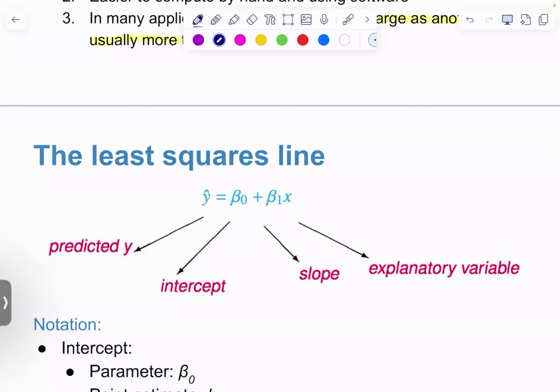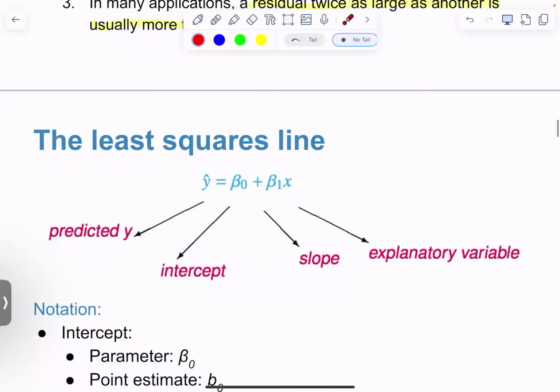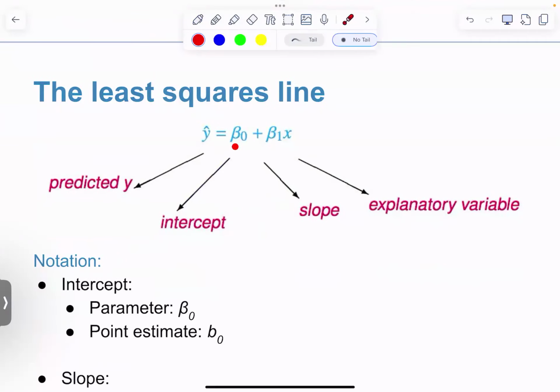So just like before, we're going to have our point estimates, and they'll have corresponding parameters. Now, traditionally, in regression, the parameters are denoted by capital betas.